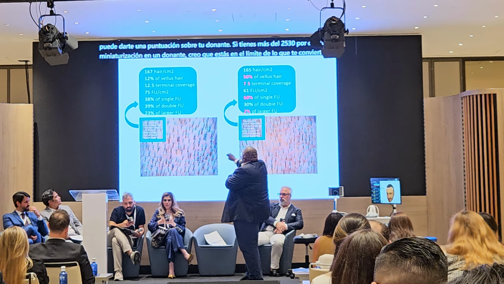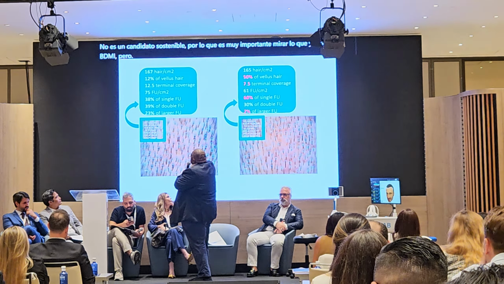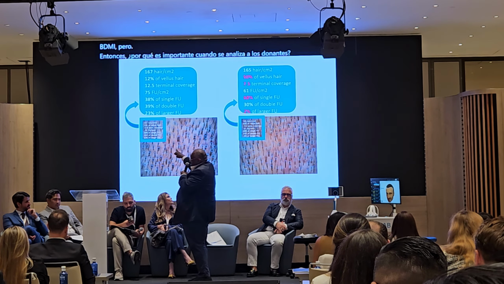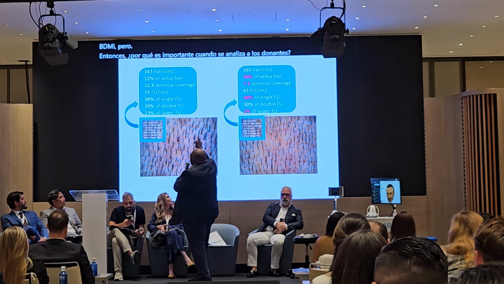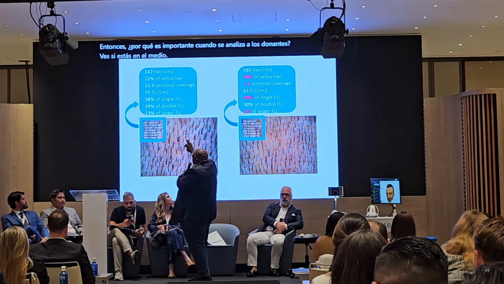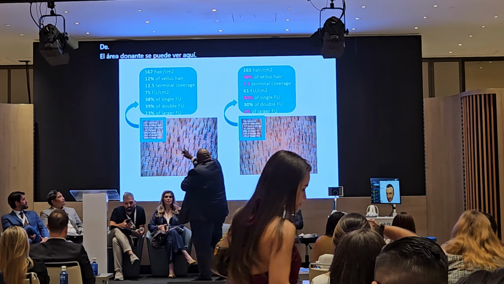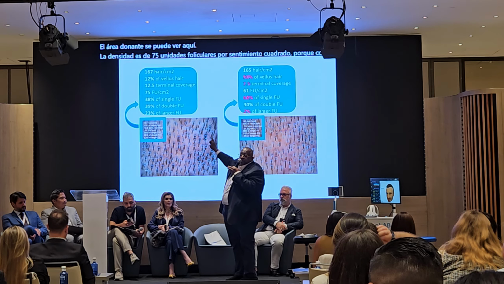But why is it important when you analyze the donor? You see, if you are in the middle of the donor area, you can see here the density is 75 follicular units per square centimeter, because with the machine you get all this data, and the percentage of vellus hair. Look at the percentage of vellus hair when you just move a little bit, 1 centimeter.